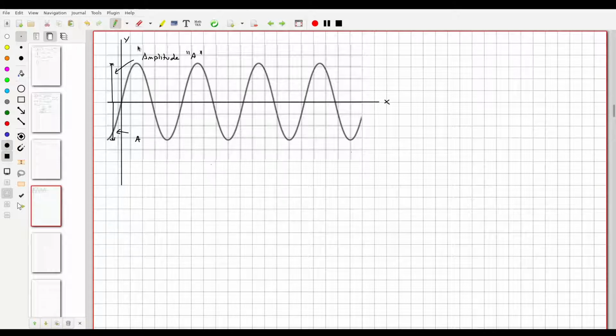Now, if you were to physically measure the distance between consecutive peaks, whether it's that distance right there or this distance right here, these distances are called wavelengths. Now, amplitude, we use A to denote it. Wavelength, we use the Greek letter lambda.